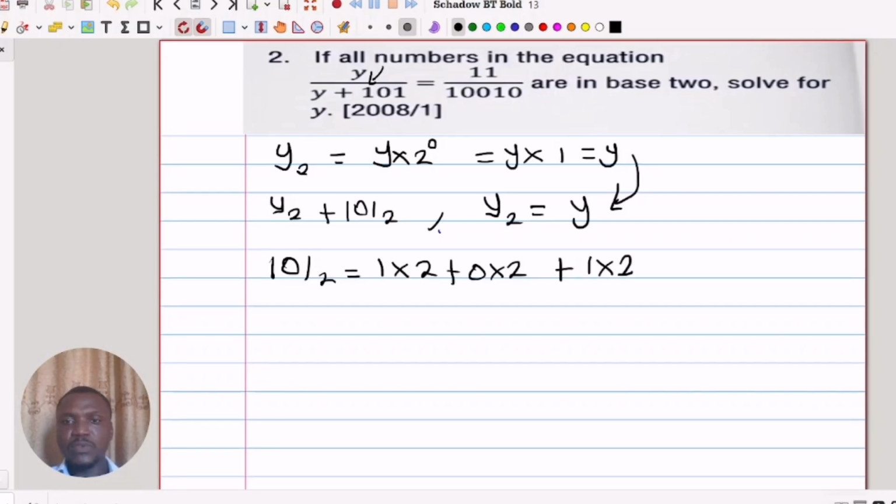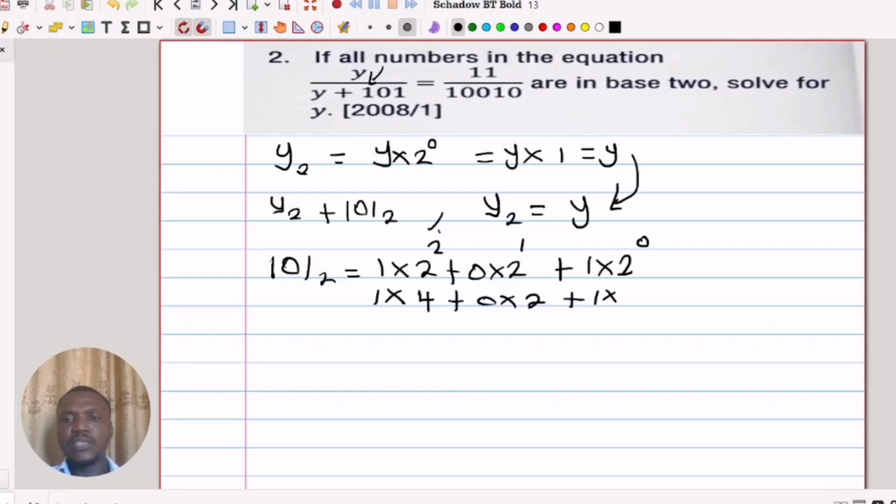For the powers, start with 0, then 1, then 2. So you have 1 times 2 raised to power 2, which is 4, plus 0 times 2 raised to power 1, which is 2, plus 1 times 2 raised to power 0, and anything raised to power 0 gives you 1. So we have 1 times 4, 4, plus 0 times 2, 0, plus 1, and that will give us 5. So we have done that one.